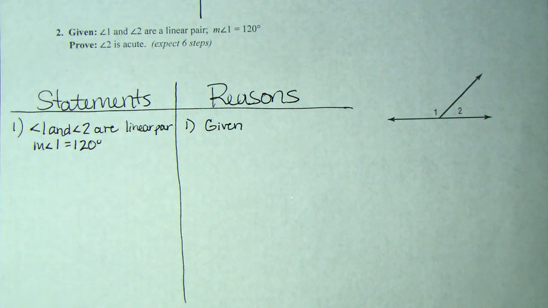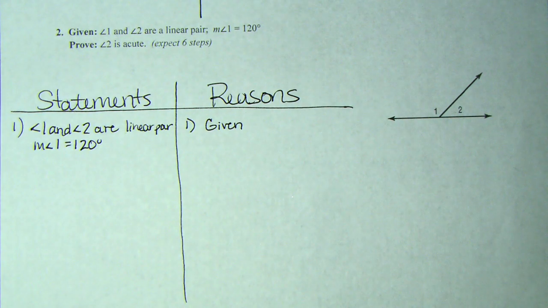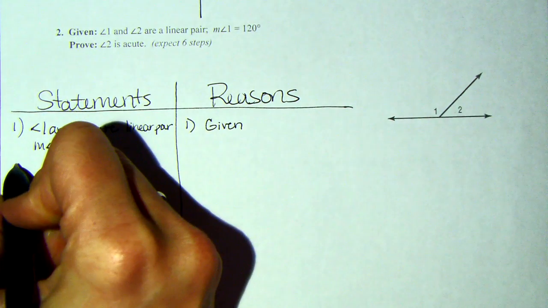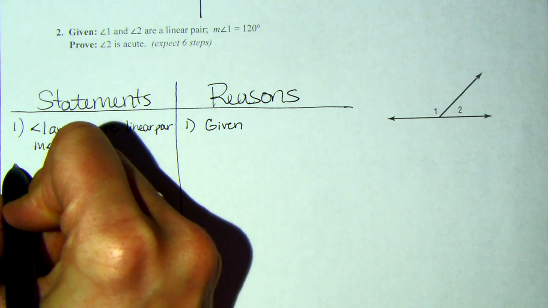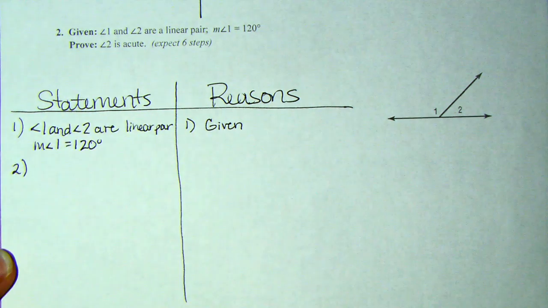You can see that they are a linear pair. Angle 1 and angle 2 together make a straight line. That is what it means to be a linear pair. What does that mean for their angles? They're not the same. If they make a straight line, what can you tell me? All right. So what can I write then if I know that they're supplementary?